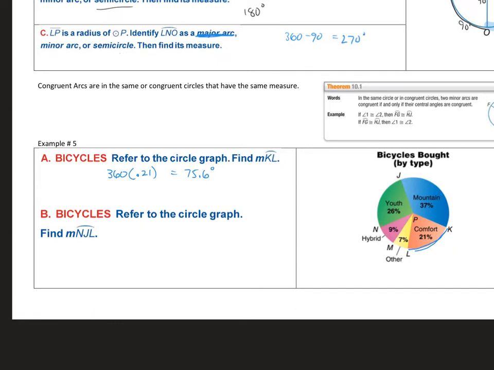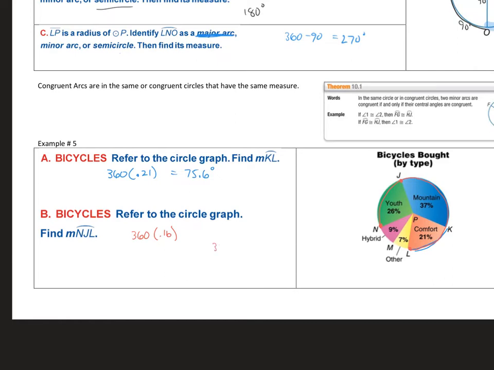If I look over here and I want to find the measure of arc NJL. So N, J, and end all the way over here at L. NJL. Well, I could add up all of those, or I could just find that minor arc, which is 16%. That is arc NL is 16%. So I'm going to do 360 times 0.16, and I get 57.6.